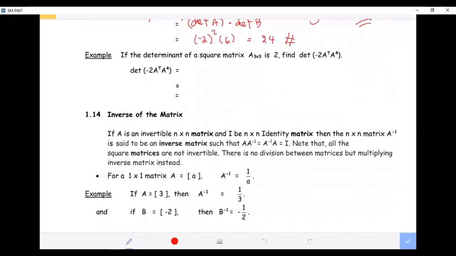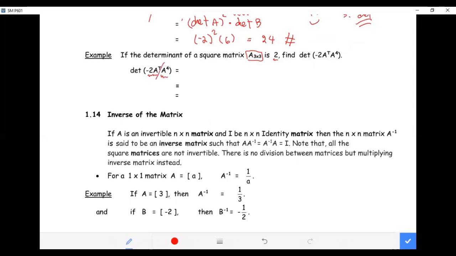This example, we will use properties again. Say the determinant of a square matrix A that has a dimension of 3 by 3 is 2, right? It's 2. And then you have to find a determinant. Oh, damn, it's not easy. So let's use these properties. You see that you have this matrix, negative 2A transpose times A to the power 4, right?